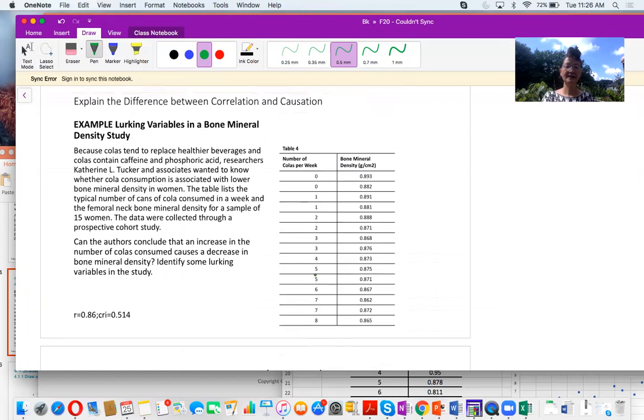So temperature is a lurking variable. Let's take another example to explain lurking variables. This data is about the number of colas per week and bone mineral density.